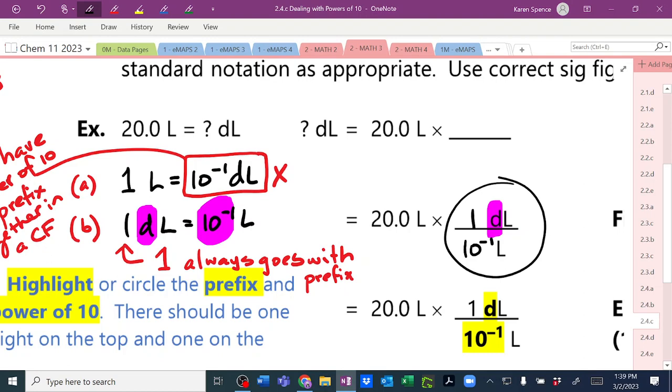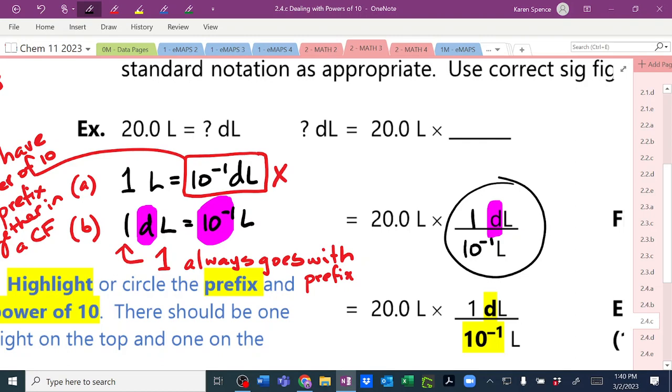So sometimes you can think it through that way, right? If you really put your mind to it, you can say a milliliter is smaller than a liter. So a fraction of a liter will be a milliliter. A multiple of milliliters will be a liter. So a big number of milliliters, 1,000 milliliters is a liter.